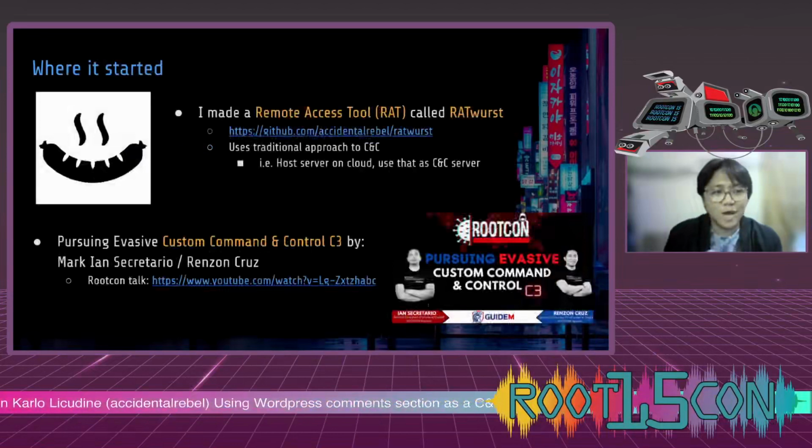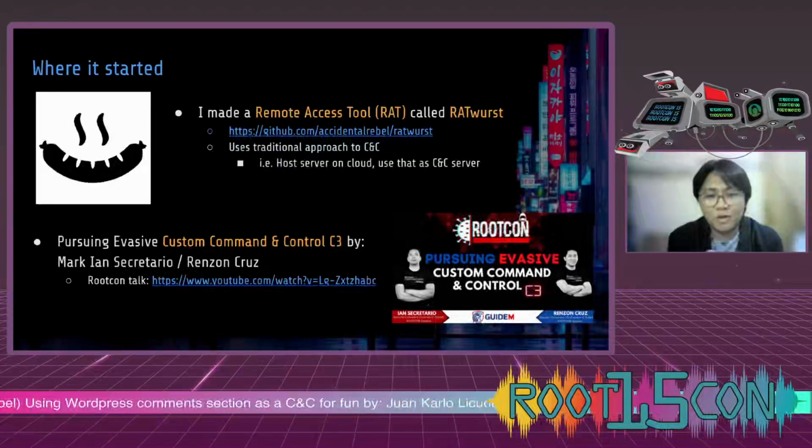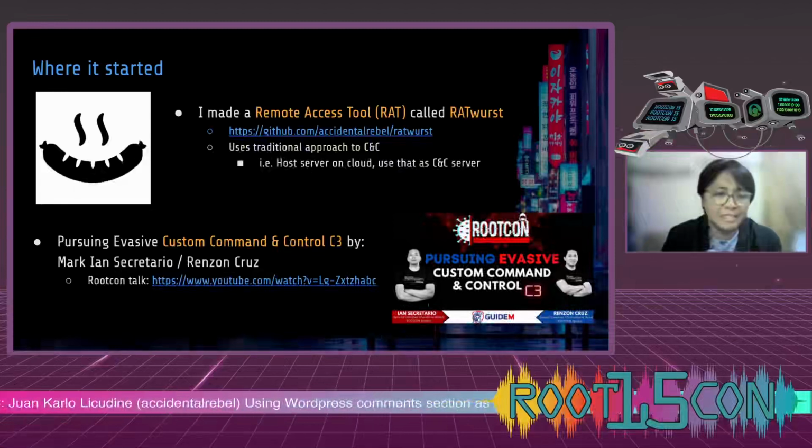So the reason why all of this started is one of my recent projects is a remote access tool or a RAT. And if you don't know what this is, it is a program that is installed on a computer, and it allows an external user to access it from outside the network.